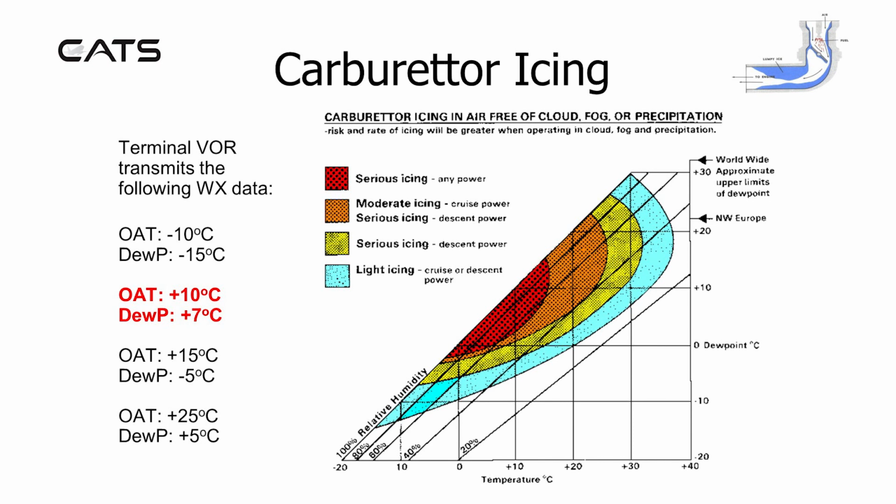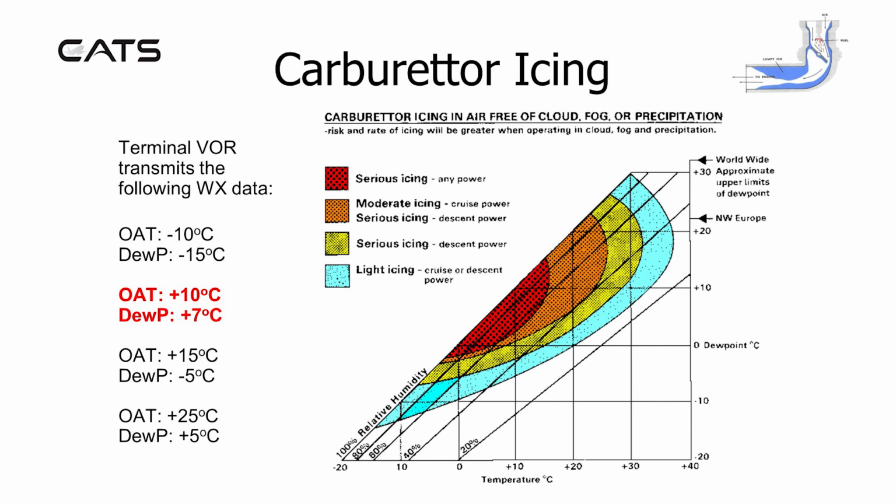The two main axes of the graph show dew point temperature on the right and temperature along the bottom. At the coldest temperatures and at the hottest temperatures, there is no risk of icing.